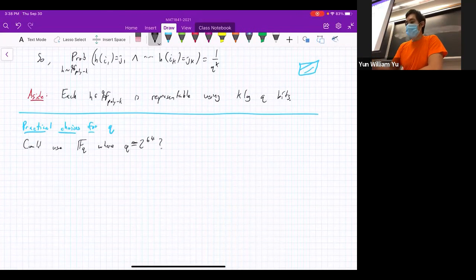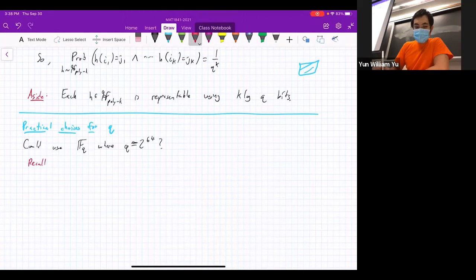So let's recall these. Do people recall the construction of these finite fields? I know some people do. Let me go through it quickly, just in case there are people who don't remember as much of their algebra.